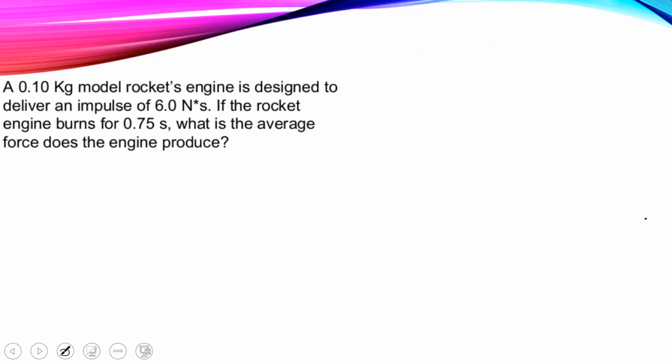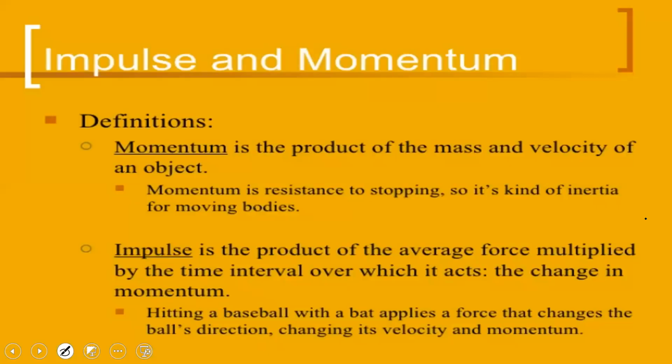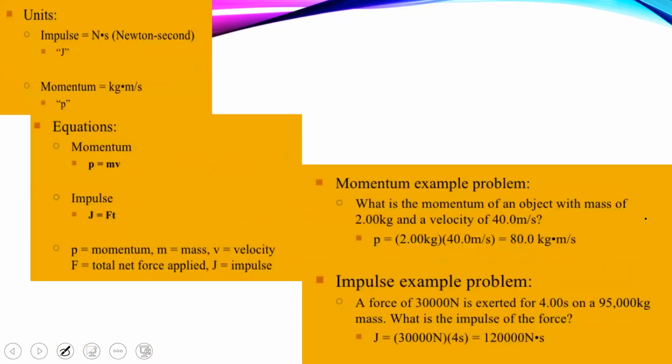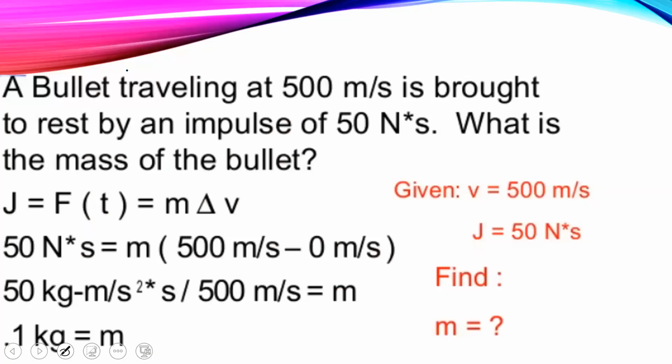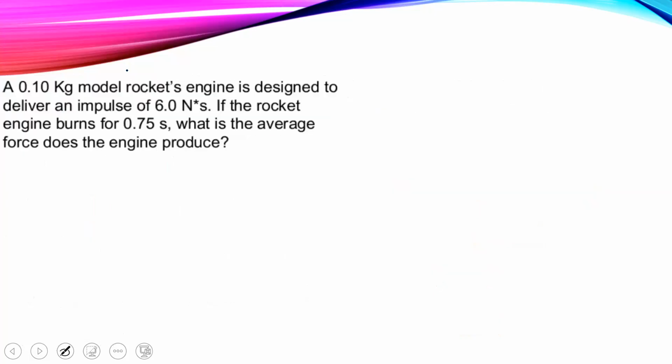Later on, I will tell you about the difference between them. Impulse is Newton second, and momentum is kilogram meter per second. Yeah, because I always confuse their units. That is no problem.